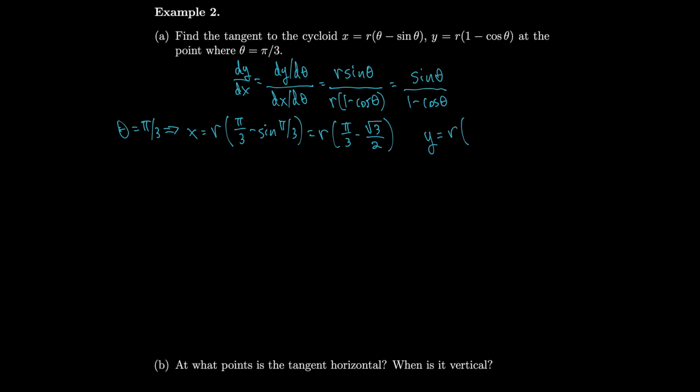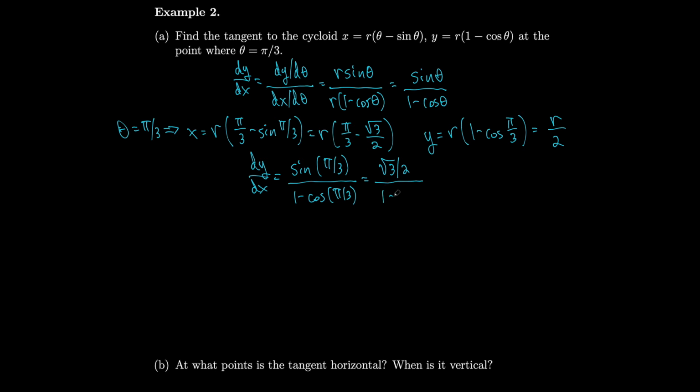We get r times (1 minus cosine of pi over 3), which is r over 2. Our dy/dx, as we've calculated, will be the sine of pi over 3 over 1 minus the cosine of pi over 3. So that's just root 3 over 2 over 1 minus a half, which is root 3.